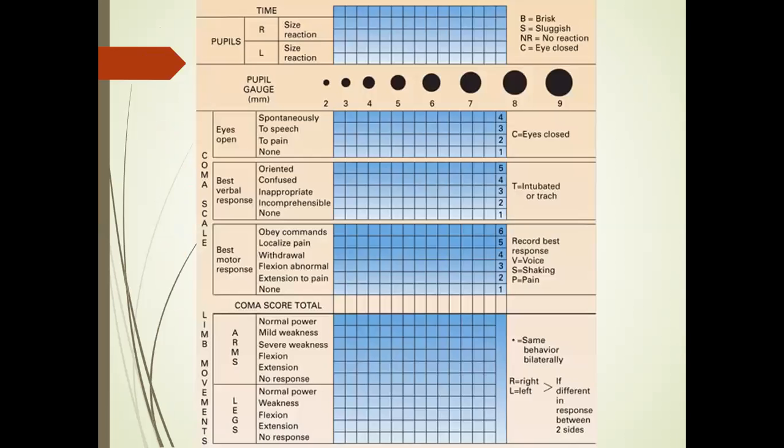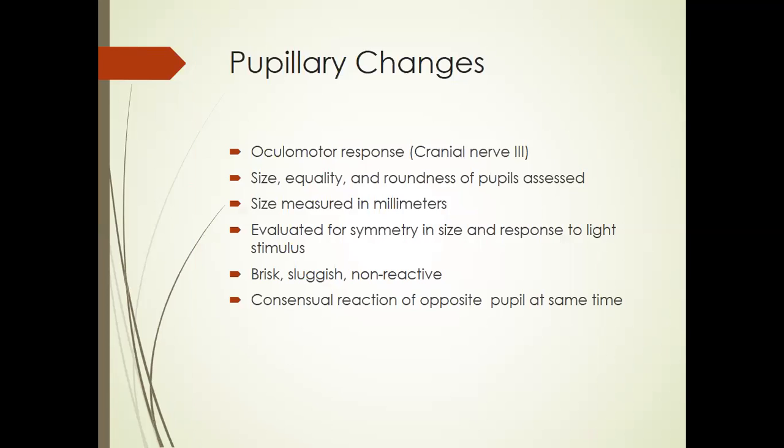Now, in this picture, you can see the Glasgow Coma Scale, which has three different criteria like eye opening, verbal command, and motor response. You can see them in this picture. Now, pupillary changes.